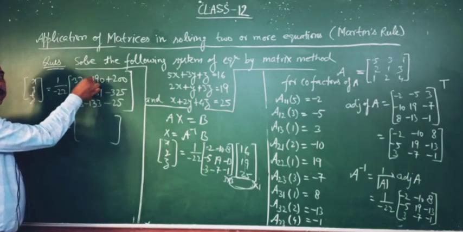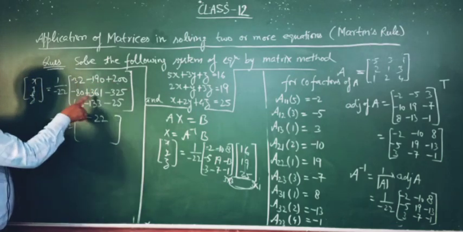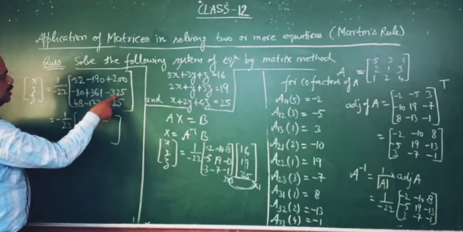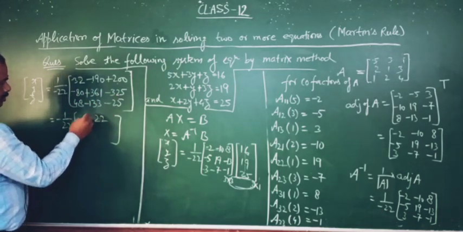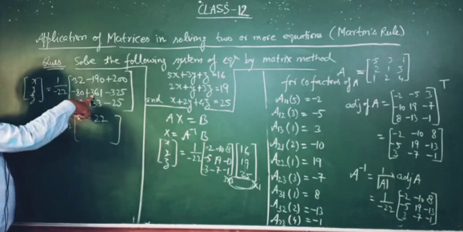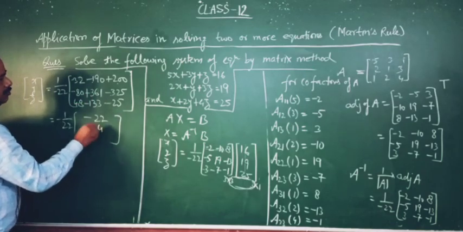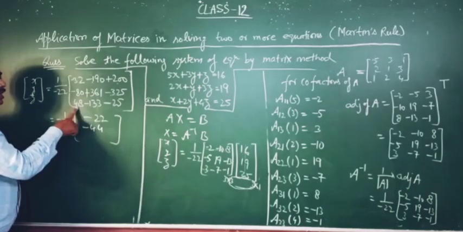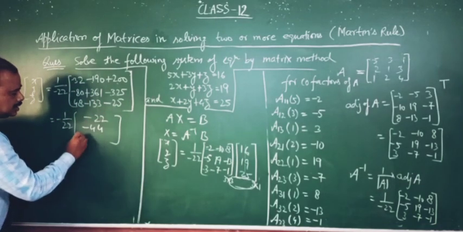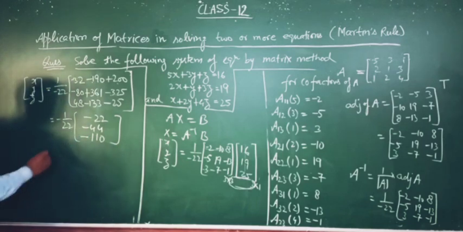Negative 1 upon 22: 200 minus 190 plus 10, the result will be negative 22. Negative 405 plus 361, so it will be negative 44. 48 minus 133 minus 25, the result will be negative 110.